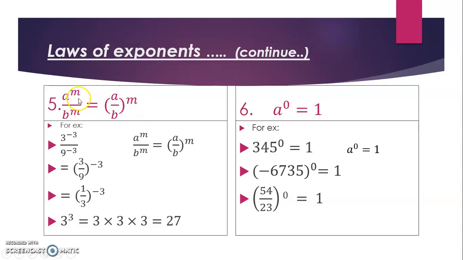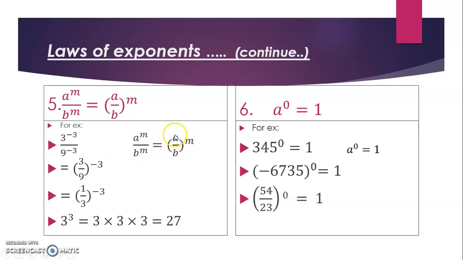In the case when the exponents of the numerator and the denominator are the same, like in this example, the example is 3 divided by 9. So the bases are different, but the exponent is minus 3 in the numerator and the denominator also. So this follows this kind of law, law number 5.